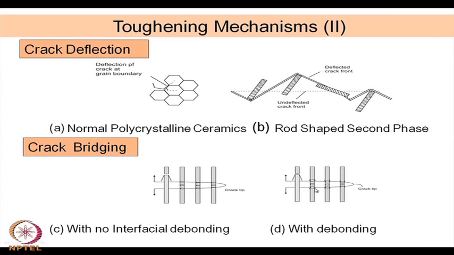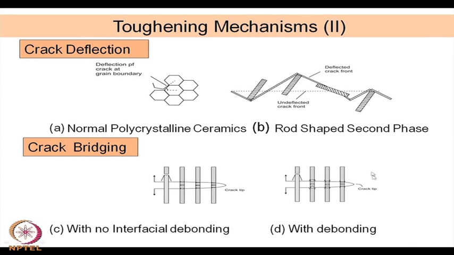As you can see here, a very small opening up has taken place. That means the cohesive force between the matrix and the second phase is lower than the local stress generated by the application of the external stress. So, here it has not taken place. Such interfacial debonding has not taken place here, but in this one the debonding has taken place.